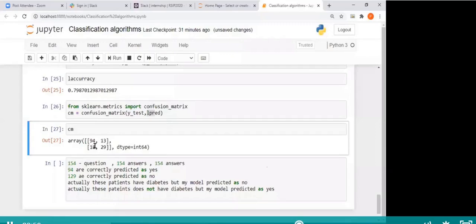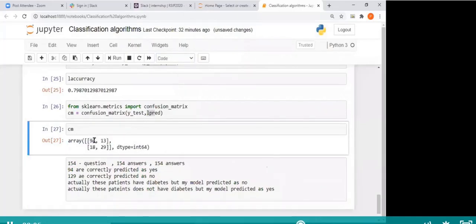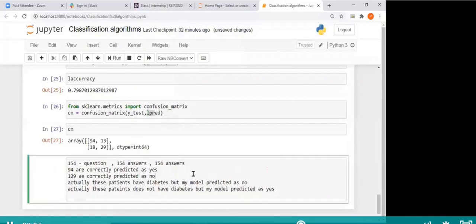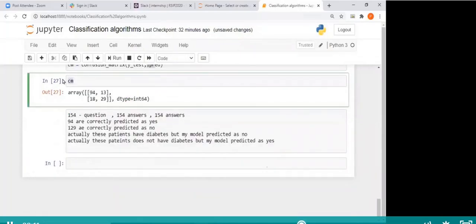And these actually don't have diabetes, but my model predicted they have diabetes. So this is what the confusion matrix is. Tomorrow you will learn how to calculate these values in a detailed manner. But for now, just remember, the confusion matrix is to check how many correct predictions and how many wrong predictions there are out of the total number of observations.